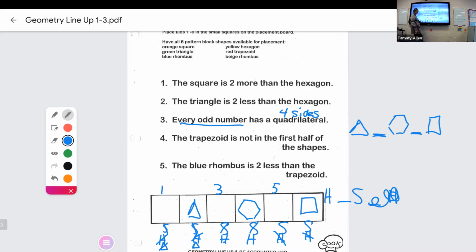Okay? Those are definites. That makes sense? But we did this, and once that was established, it definitely put those in place.